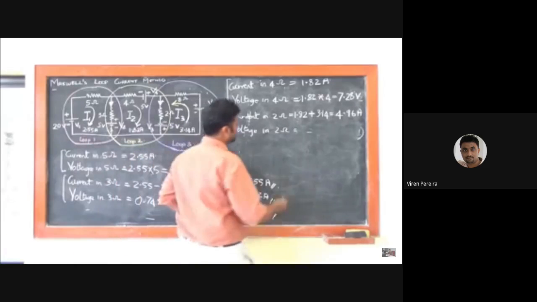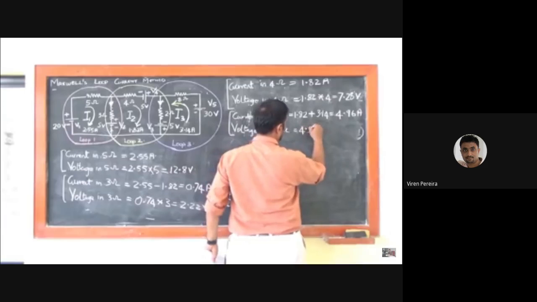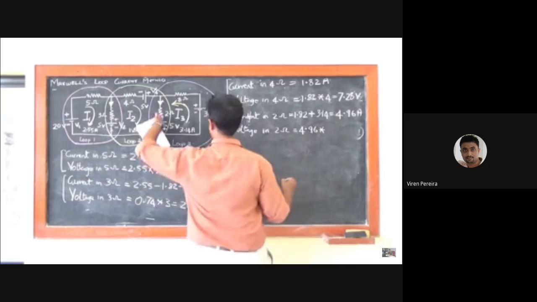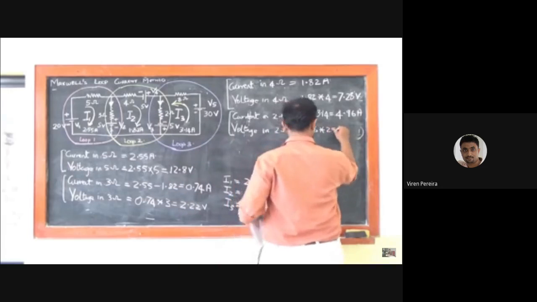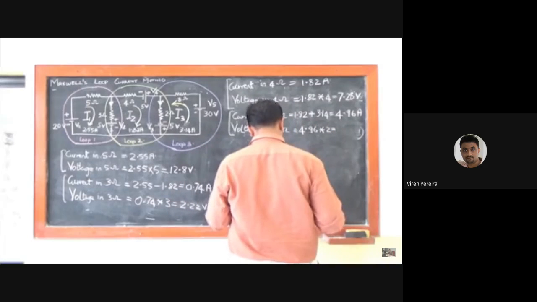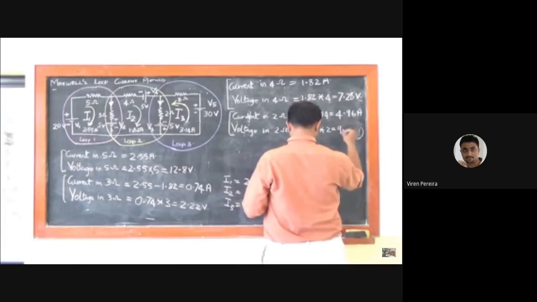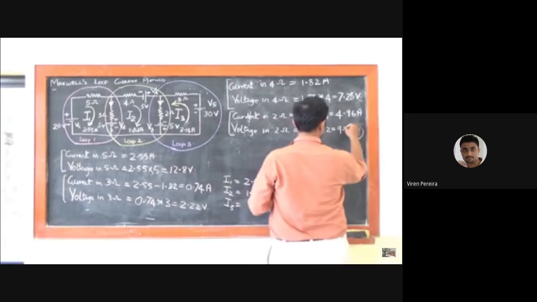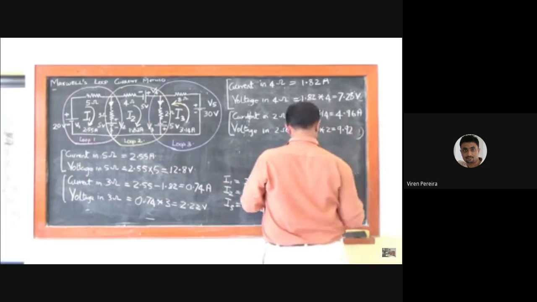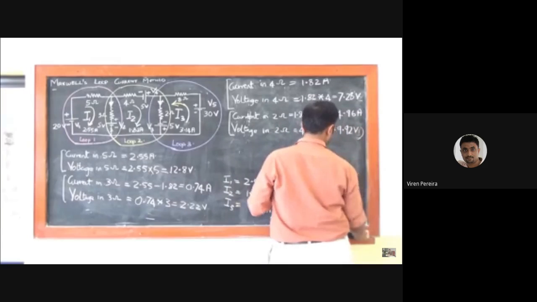So it will be 4.96 into 2, which will give me a value of 9.92 volts.